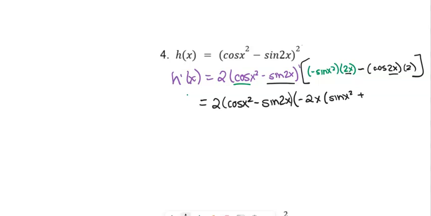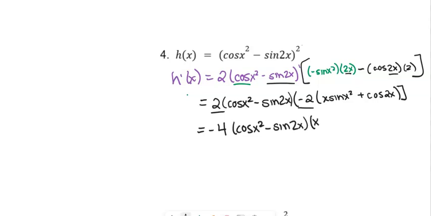And, oh shoot, I can't actually do that. I don't have an x over here. One more small step. I can combine these two to give me negative 4 cos x squared minus sine 2x and x sine x squared plus cos 2x.